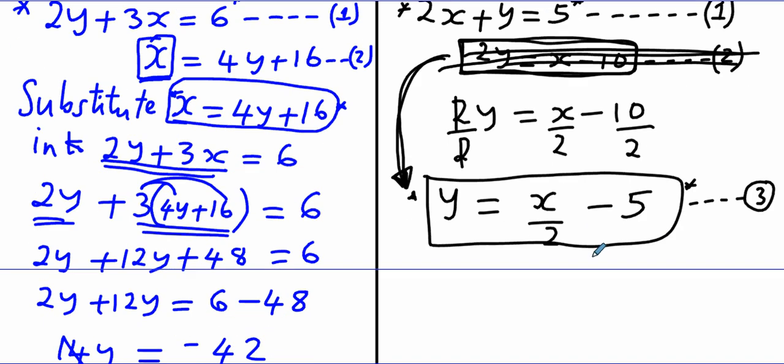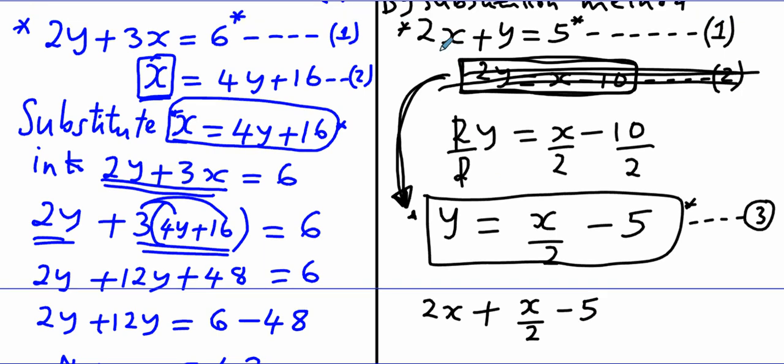Okay, so we are good to go. So 2x plus y. Now in the place of y, I'm going to write x over 2 minus 5. We have 2x plus y equals 5, but in place of this y, I'm going to write x over 2 minus 5. You can pause the video and try to see what I'm trying to do over here.